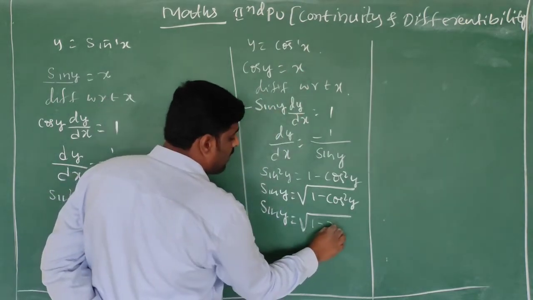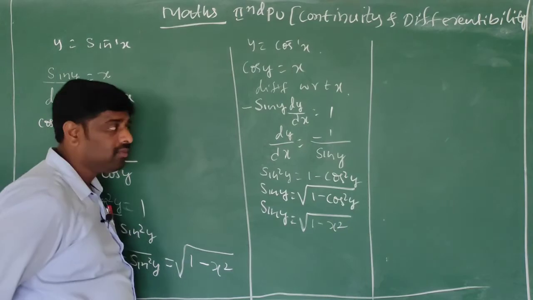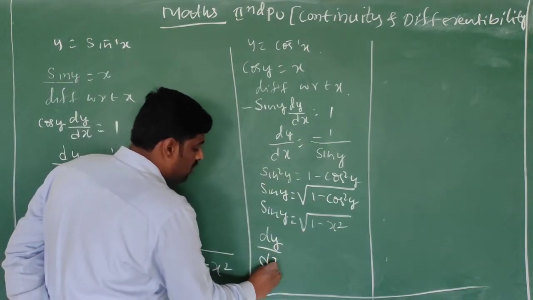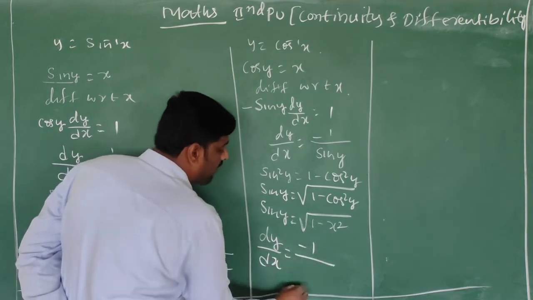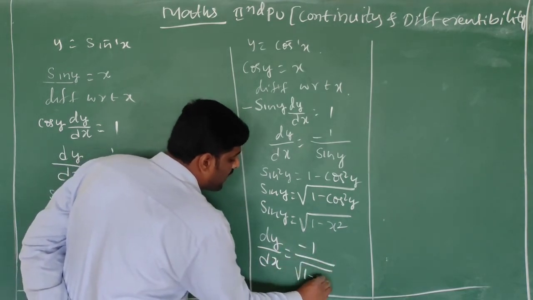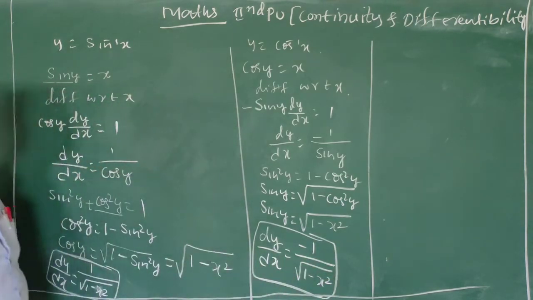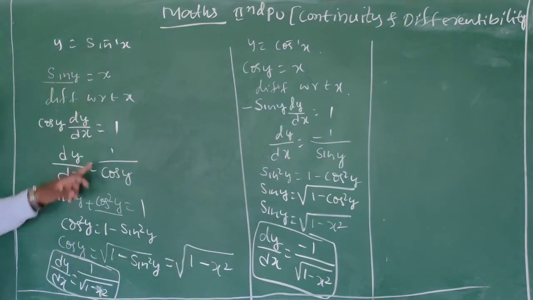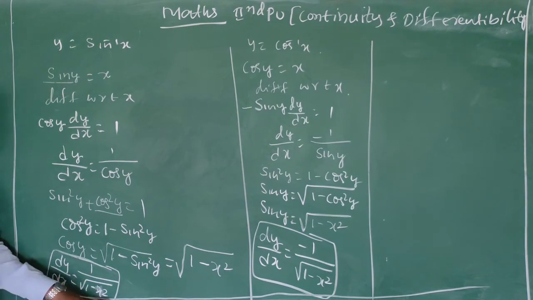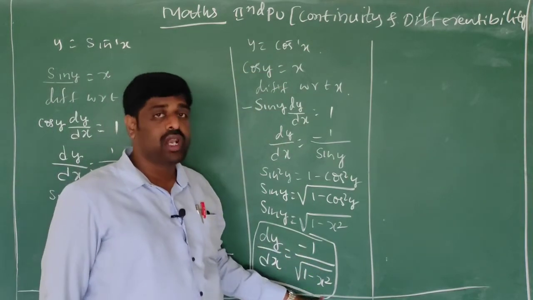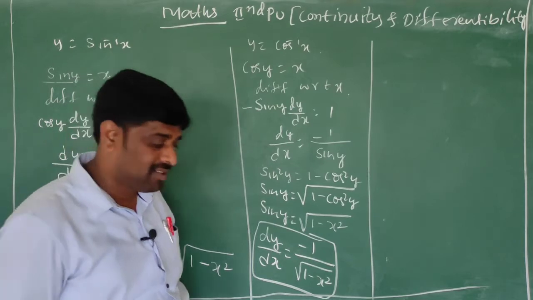That is 1 minus x square. Now dy by dx becomes minus 1 divided by square root of 1 minus x square. Dear children, remember here: sin inverse x differentiation is 1 divided by square root of 1 minus x square. So the derivative of cos inverse x is minus 1 divided by square root of 1 minus x square.